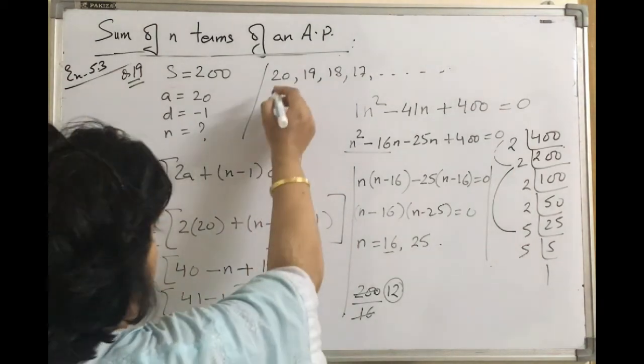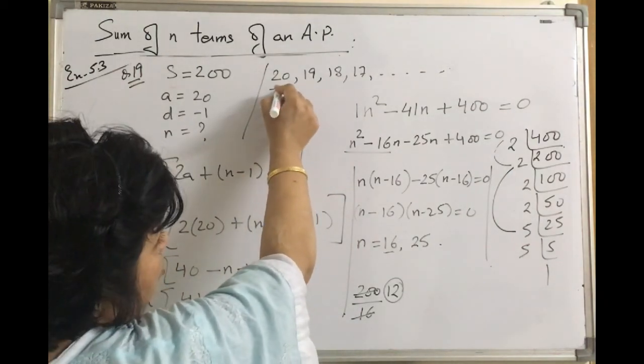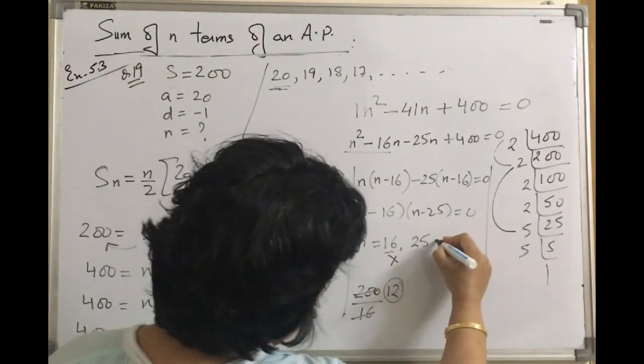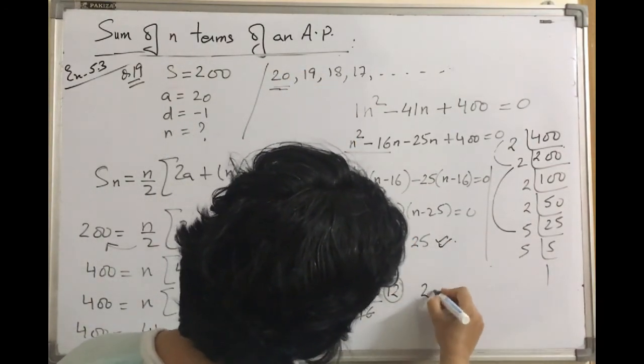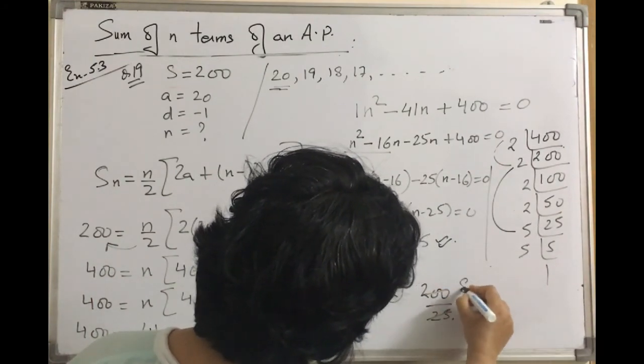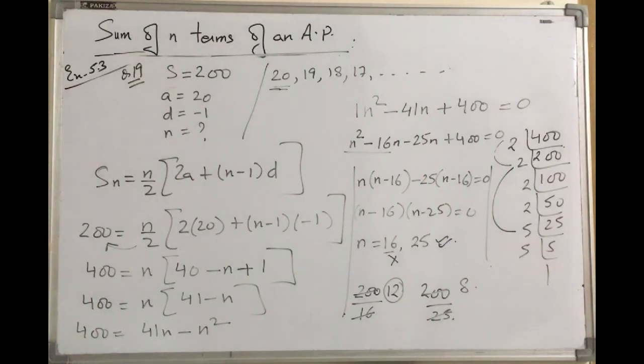But basically in the first row, that is the bottom row, 20 logs are placed, so n cannot be 16, n is 25. 200 divided by 25, 25 8s are 200.